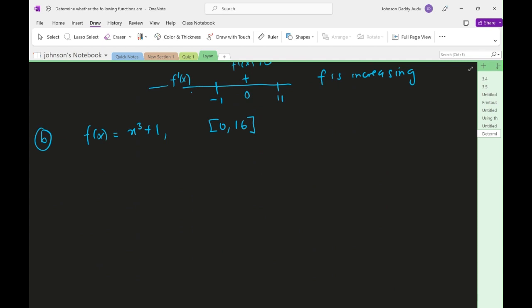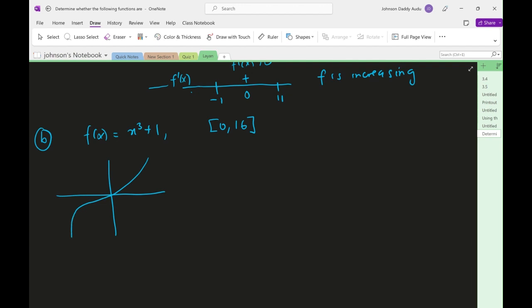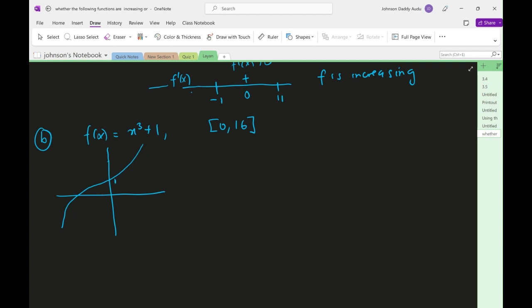The first method is to graph. How do you graph this? You start from the graph of x to the power 3, which is something like this. This is the graph of x cubed. Then you just shift it 1 unit up, so it's going to be something like this.